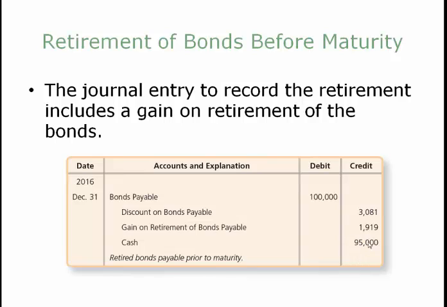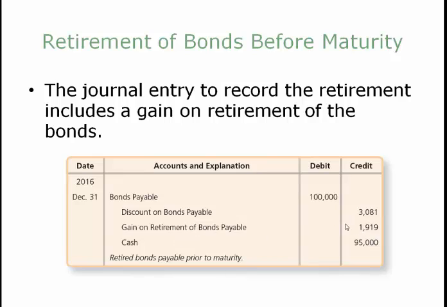The other thing we know is we're going to pay $95,000 in cash. That's a credit. So all three of these numbers are known. The only number that we have to back into is this 1,919, because we have to make our debits equal our credits. We just have to figure out which one it is. And in this particular case, it's a credit, so that means it's a gain.